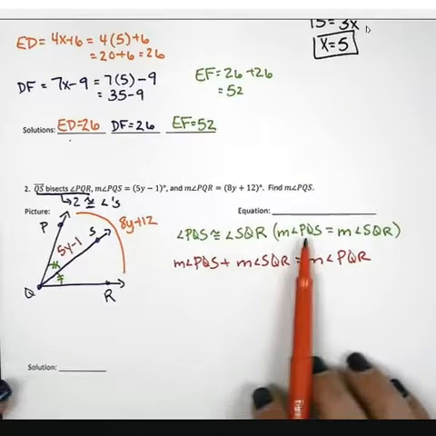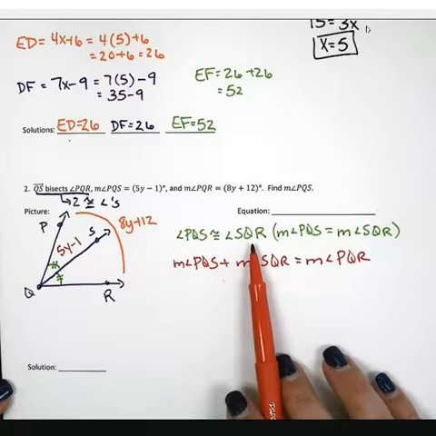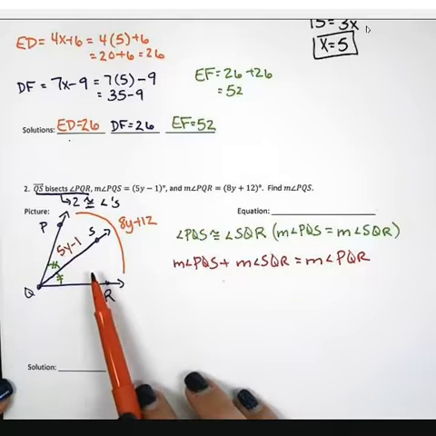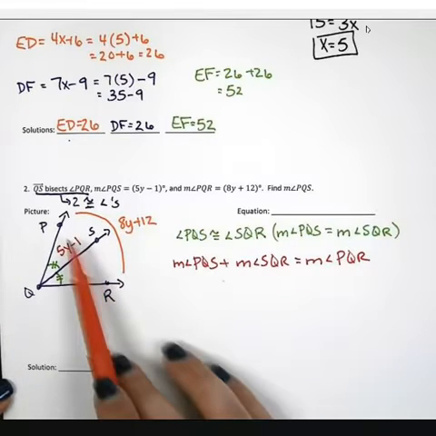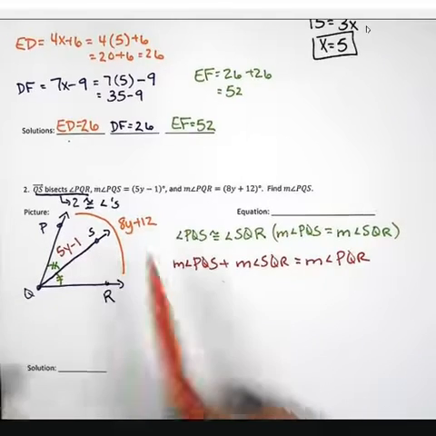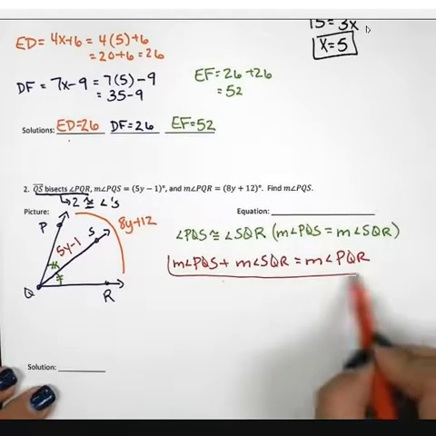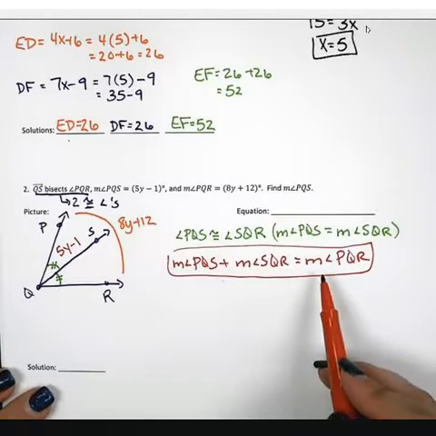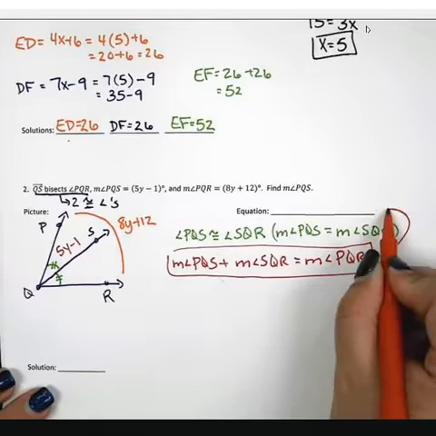So if I want to set PQS and SQR equal to each other, I need to know what angle SQR is, and I don't. But what I have is a part, and I have the whole. That tells me this is the equation I need, because I know that part plus part has to equal whole. So this is the equation I actually need.